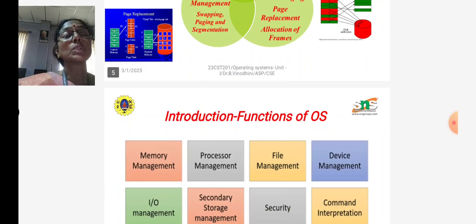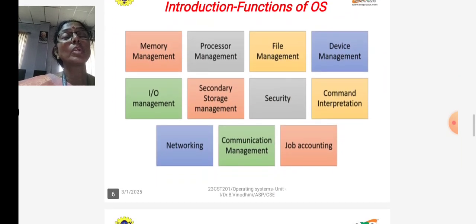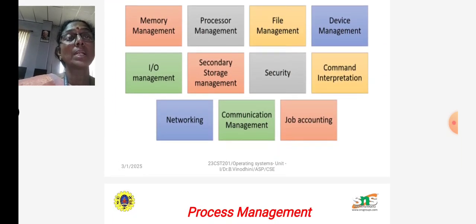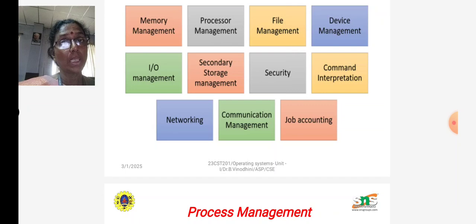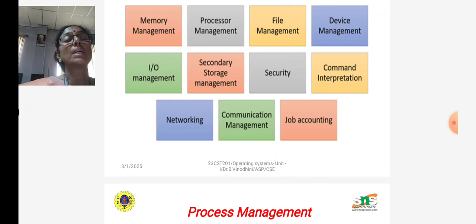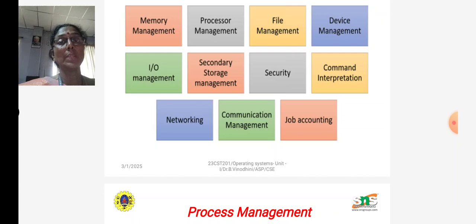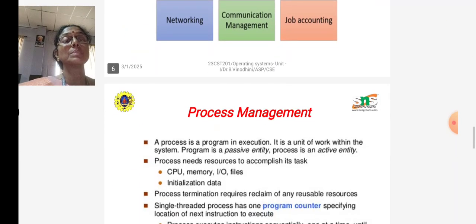So these are all the functions of an operating system. In terms of management activities, it also does security, command interpretation, networking and communication between processes and threads in local servers and web servers, and also job accounting. These are the main activities in operating systems.